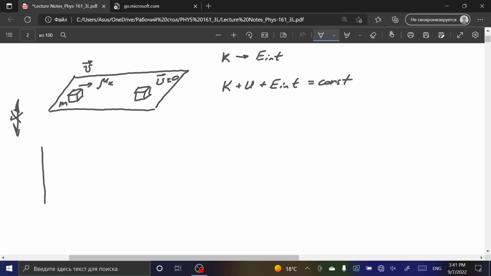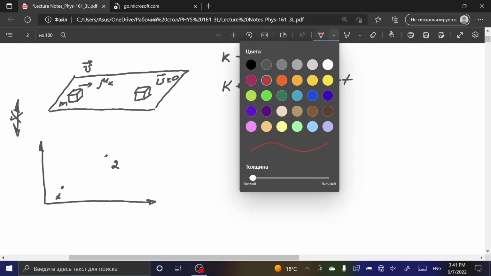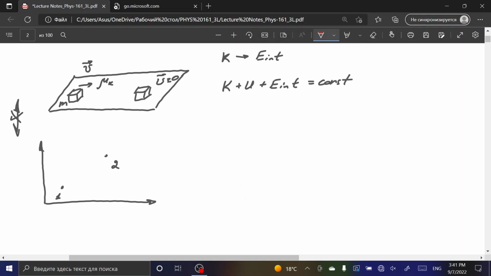Let's say we have two positions, position 1, position 2, and we move an object from position 1 to position 2 along a straight line. Let us change the color maybe to highlight this. This is the first path, 1.